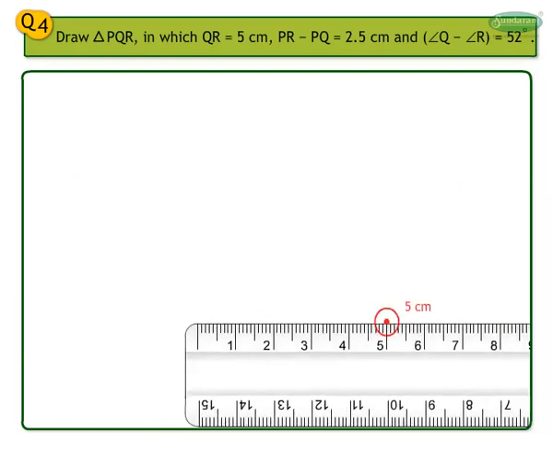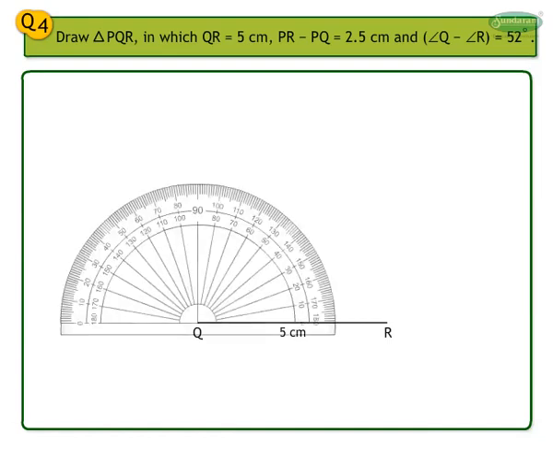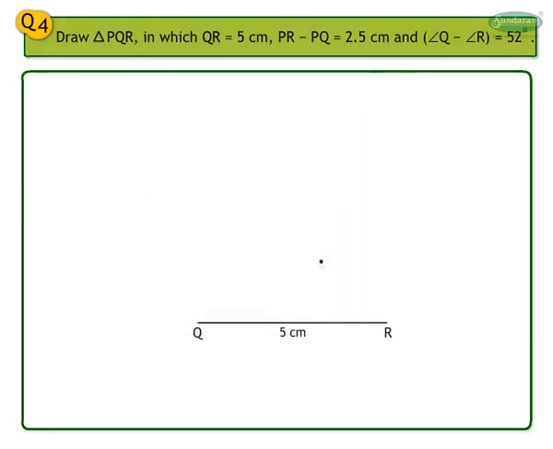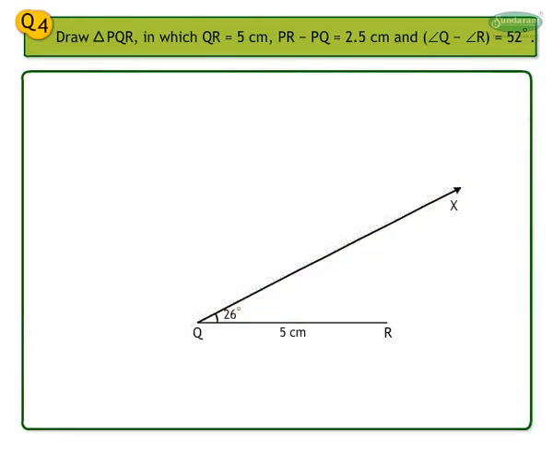First draw segment QR of length 5 cm. Take the measure of angle Q as half of angle Q minus angle R, which is given as 52 degrees. Thus, the measure of angle Q is equal to 26 degrees. Take Q as center and draw a ray QX such that angle RQX is equal to 26 degrees.